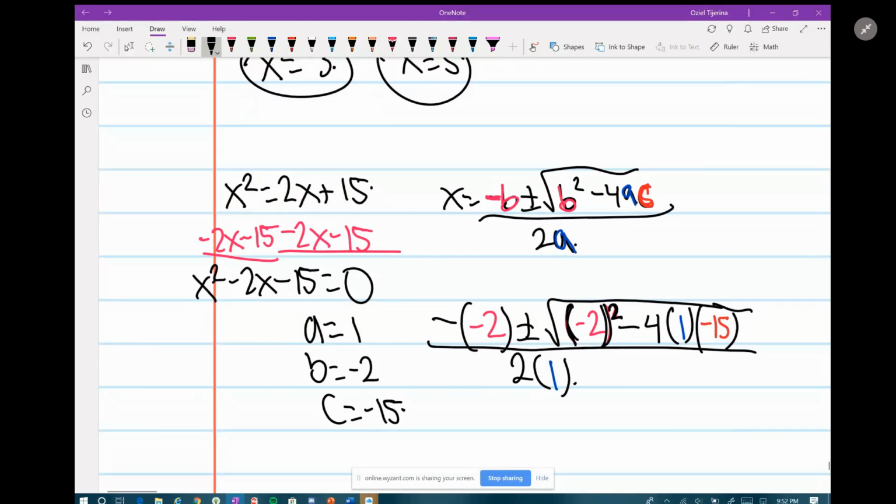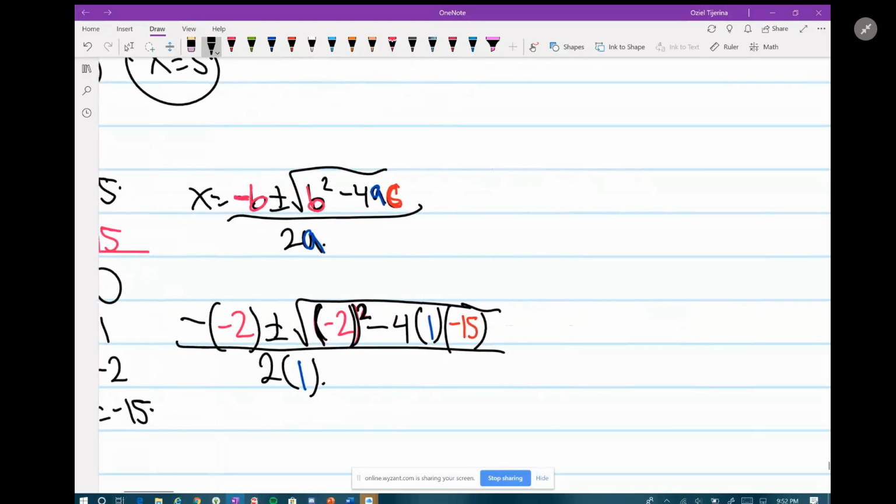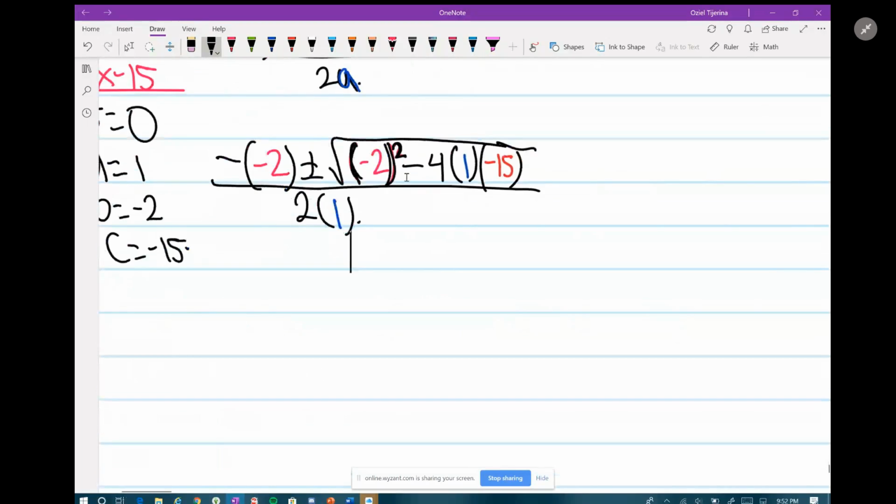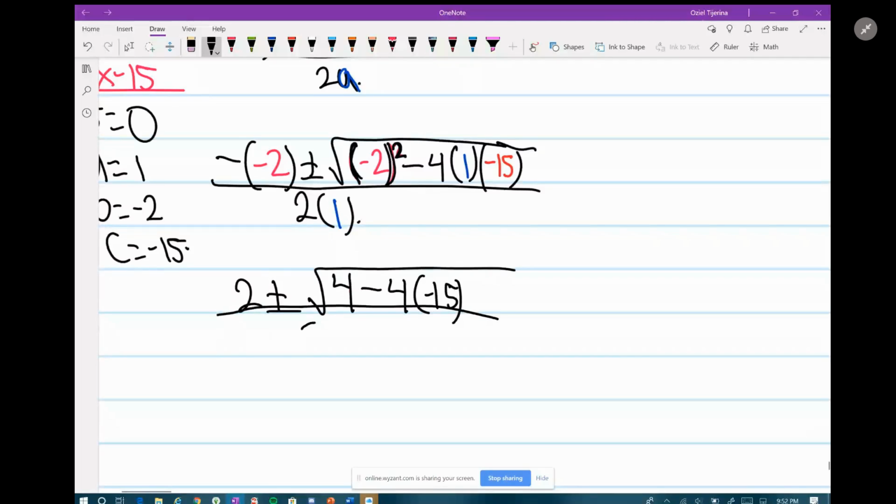So then you simplify it. Negative of -2 is going to be +2, plus or minus the square root of, -2 squared is 4, and then minus 4 times -15, all over 2.